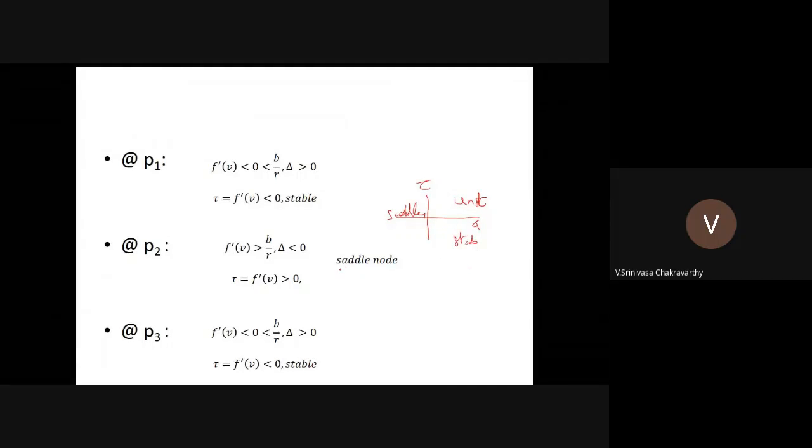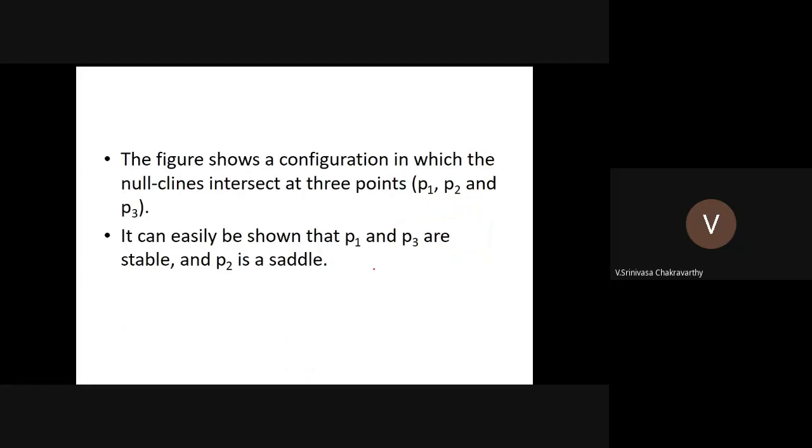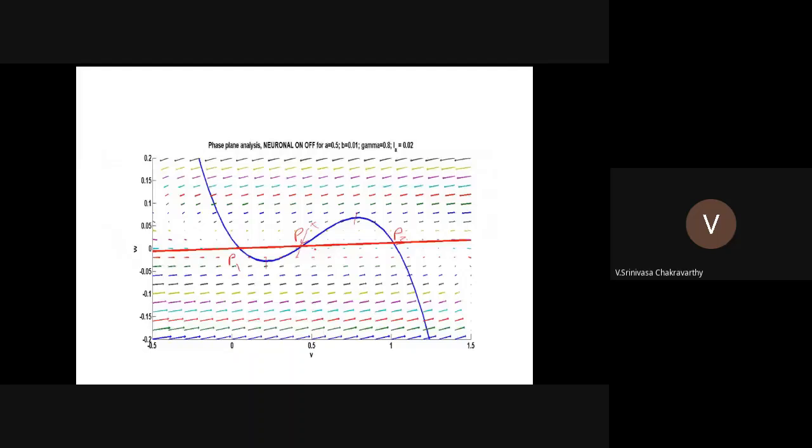So you have a saddle node, which means that if you start from somewhere here, you go to this point. If you start from somewhere here, you go to this point. But you will find that there is an axis somewhere here, where on that axis you move towards a point. But if you perturb off that, you move to either this point or this point.